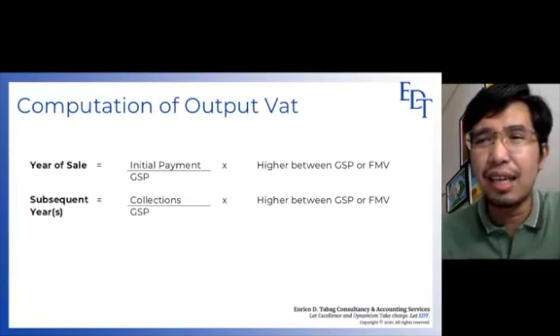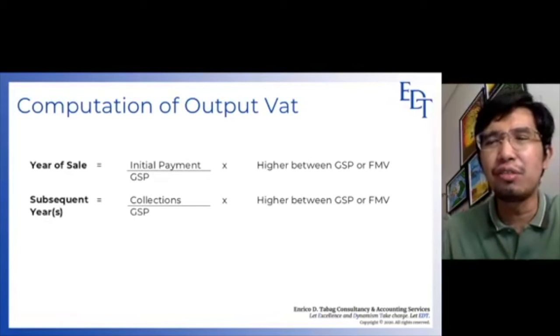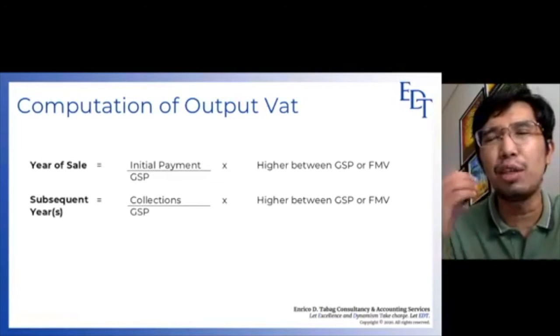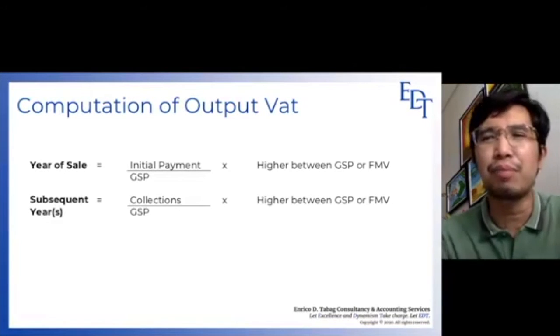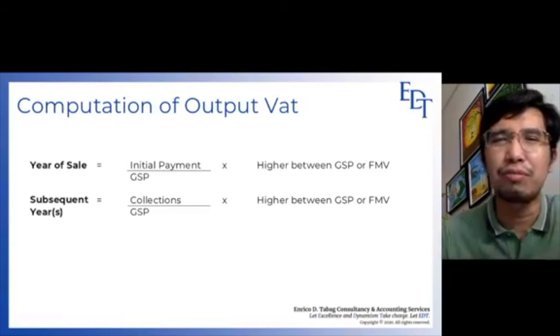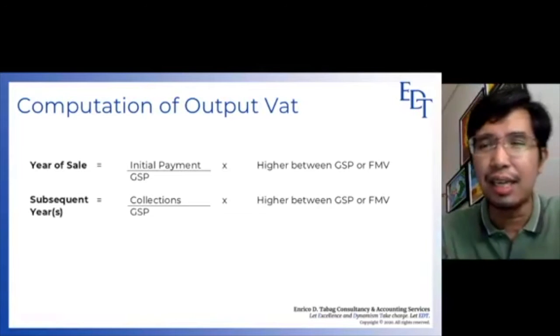Sir, deferred sale. Kung deferred sale, di ba treated as cash sale yon? So, kung deferred sale yan, cash sale ang equivalent. O, di multiply mo lang ng 12% yung selling price, zonal, or fair market value provided by the city or provincial assessor. Pero kung installment sale, we don't do that.